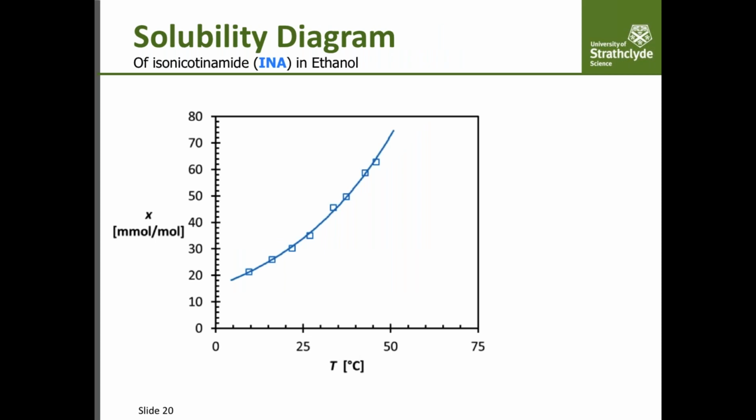If you get reliable data, you can plot it nicely in solubility graphs, for instance the mole fraction against the clear point temperature, which is shown here for isonicotinamide in ethanol. But we can also do more complex measurements in more complex multi-component systems.